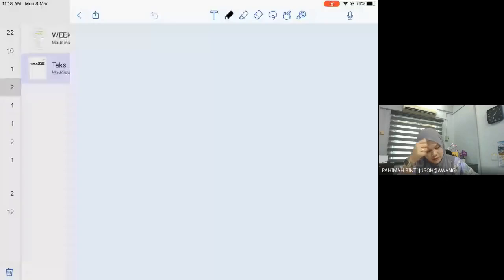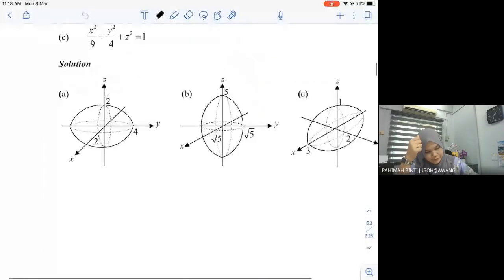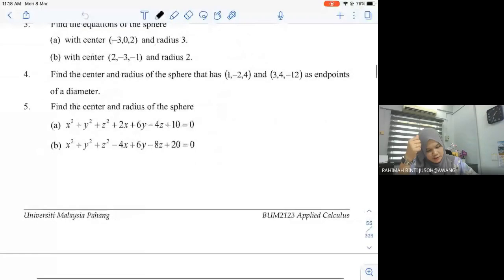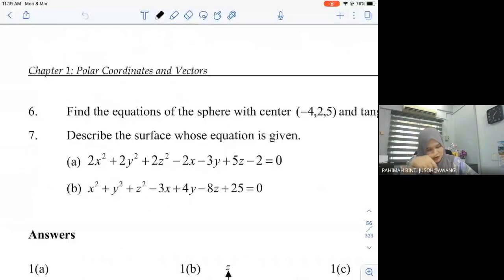Okay. Kita buat satu soalan exercise lah. Okay, let's say find the center and radius. Describe. Ni contoh dia. Describe the surface whose equation is given. Macam tu. So kita akan buat soalan ni.